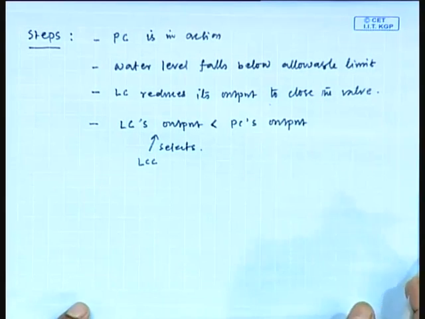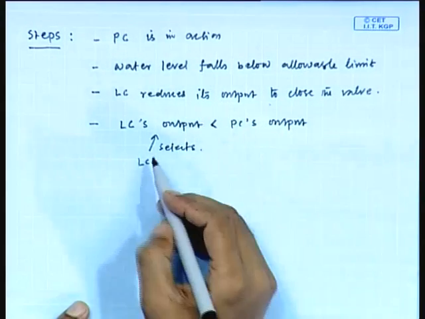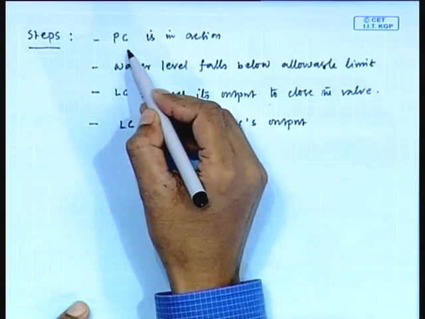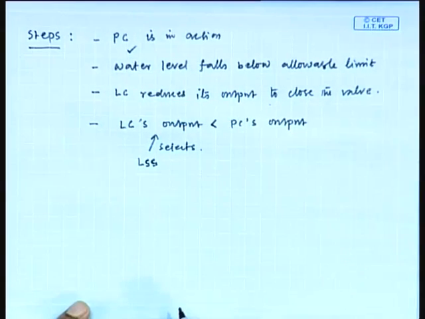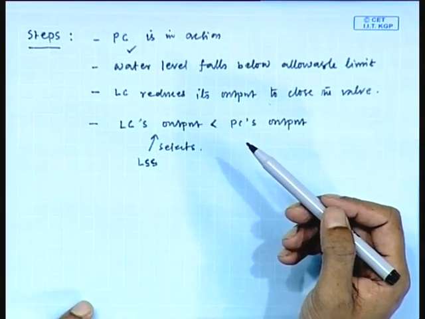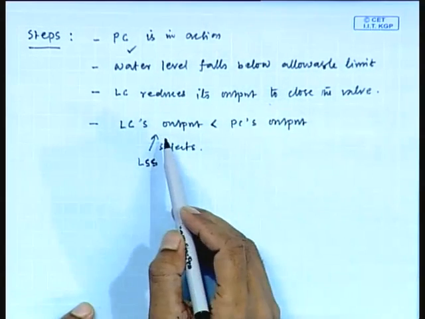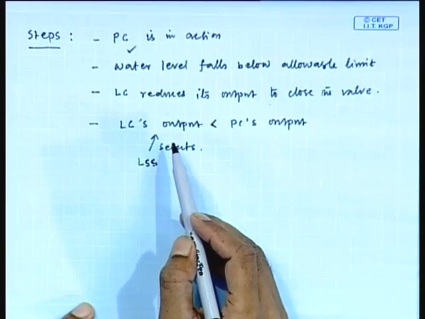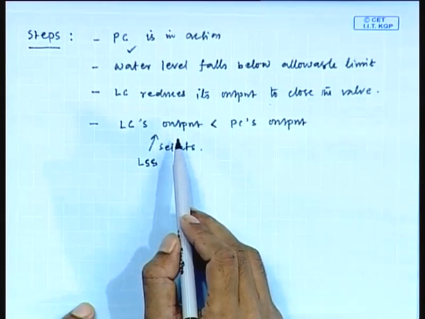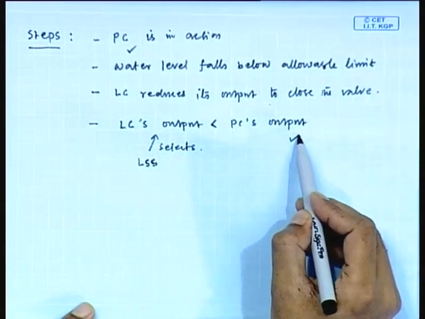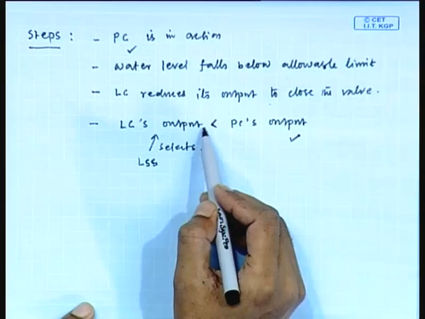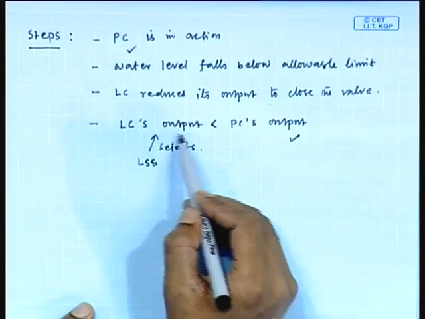So, you see, previously the LSS selected the pressure controller output. Now, as the liquid level falls below the allowable limit, the level controller's output reduces, and when it falls below the pressure controller output, the LSS selects the lowest one, I mean the level controller's output.